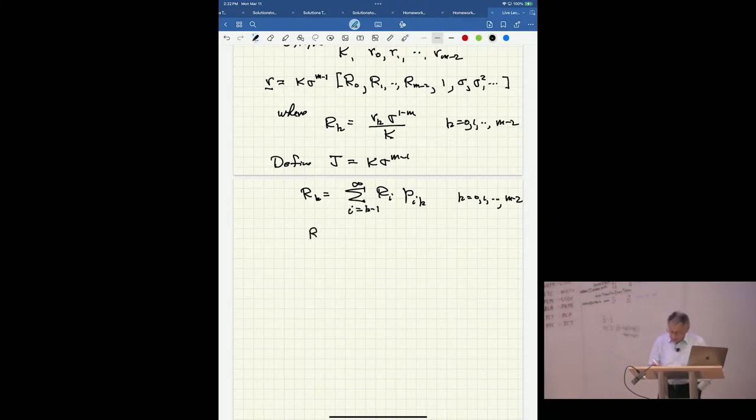I'm letting R sub I equal sigma to the I minus m plus 1 for the big I's, for I greater than or equal to m minus 1. And the unknowns are the first few of these guys. Those are the ones I'm looking for.